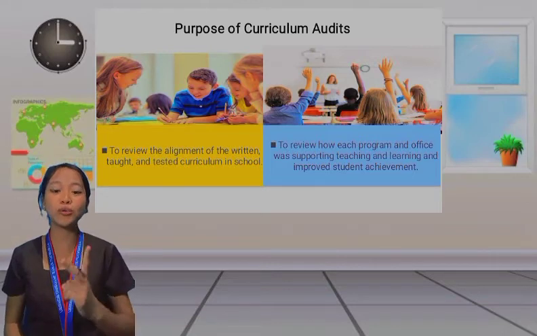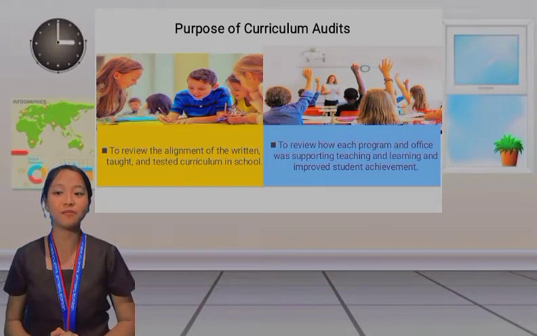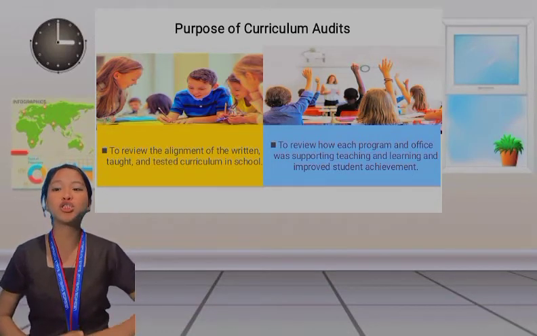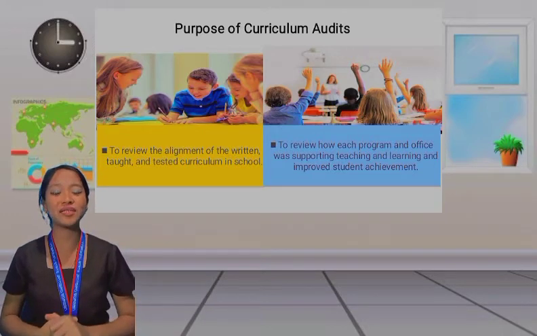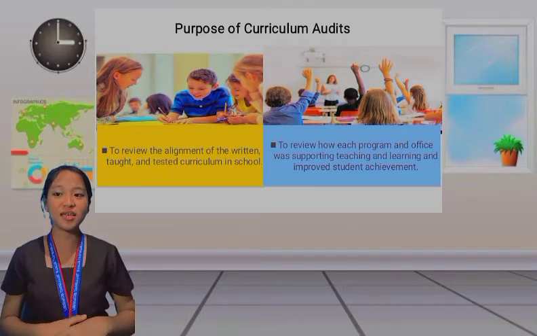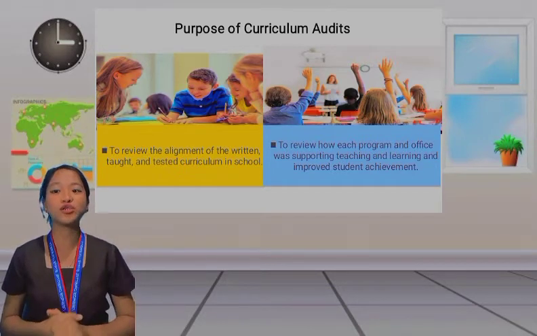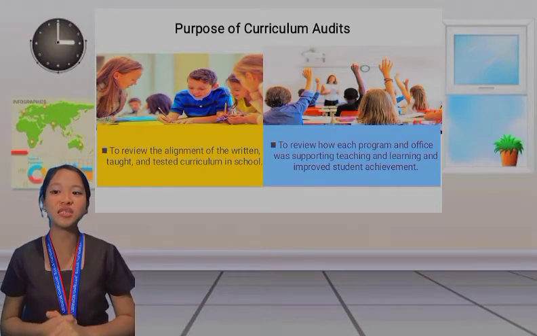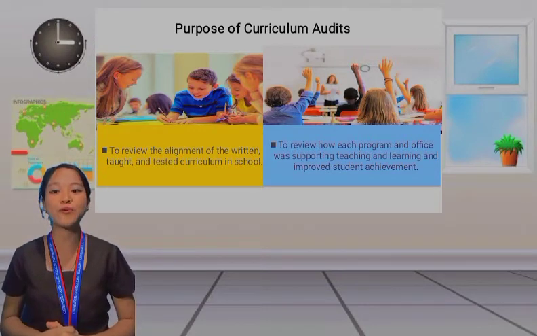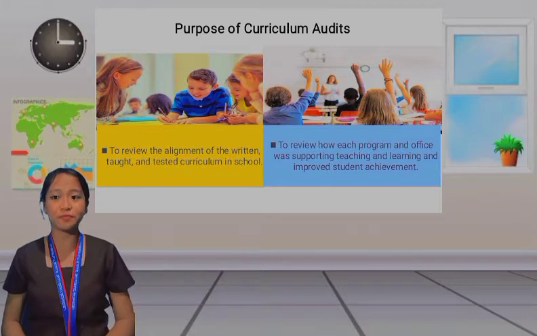So there are two purposes of the curriculum audit. The first one is to review the alignment of the written, taught, and tested curriculum in school. The other one is to review how each program and office was supporting teaching and learning and improving student achievement.